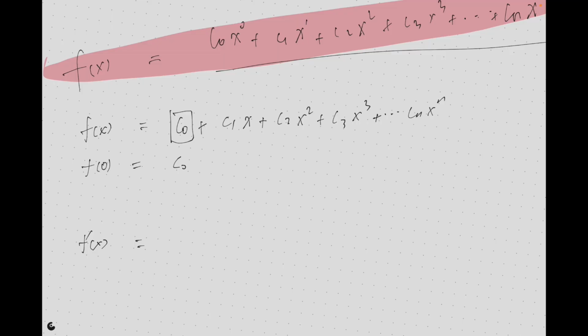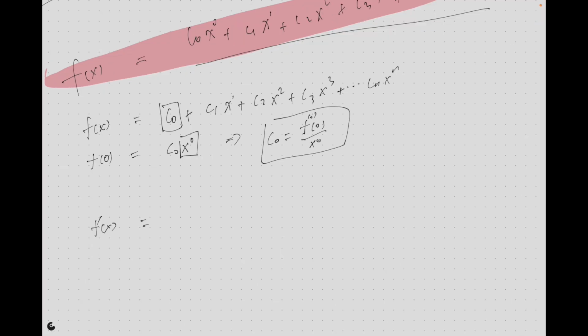If x equals 0 here, all the rest of the terms will be eliminated. The only term that's not affected is c0 times x to the 0, because x to the 0 is 1, no matter what value x takes. So from here, we can get c0 is f of 0, its original value.